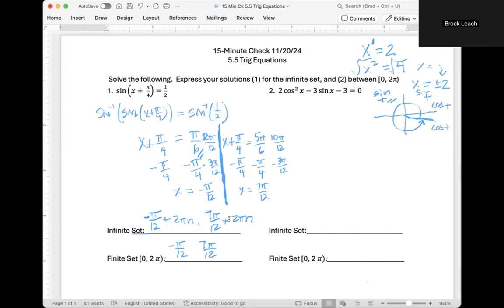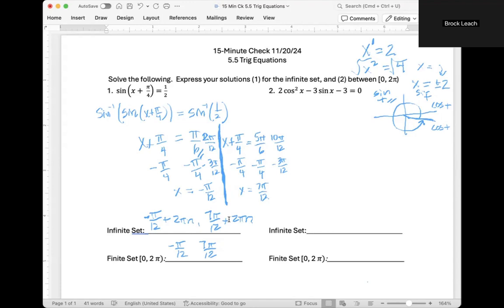Because we needed to subtract them, and they have to have a common denominator, right? Yes, but I don't understand. Why are you getting the common denominator from what? Pi over 4?